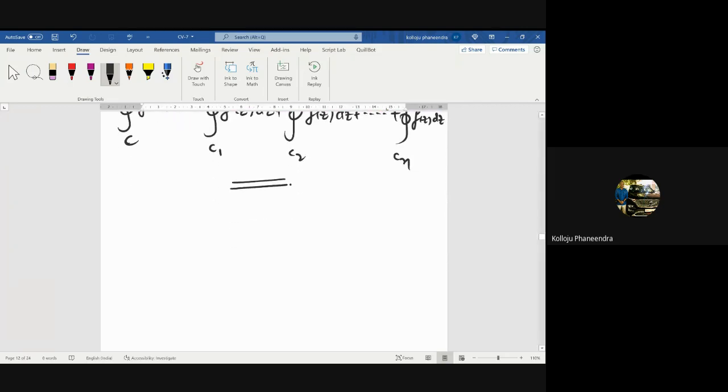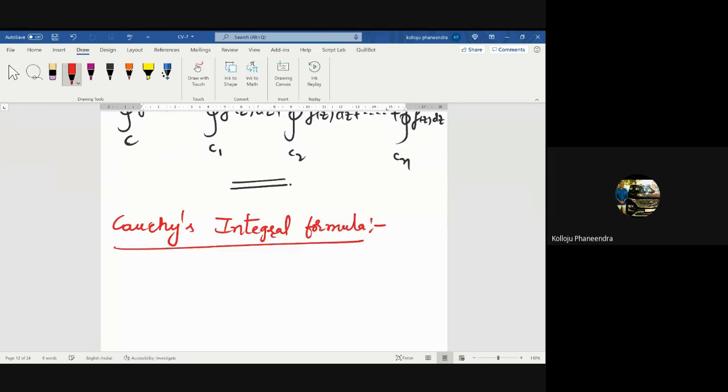Now, Cauchy's integral formula. First one is Cauchy's integral theorem.